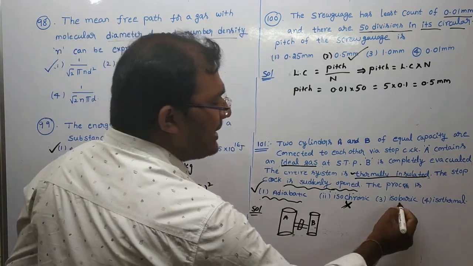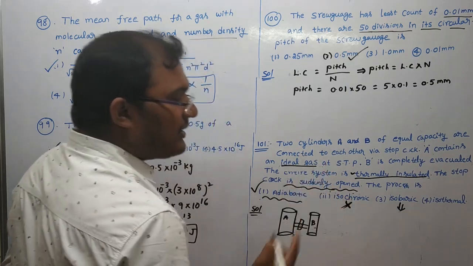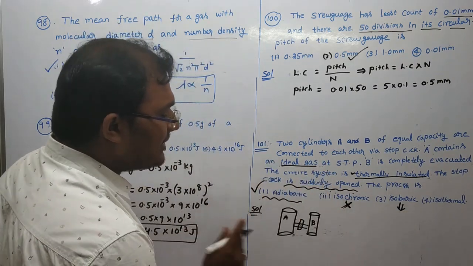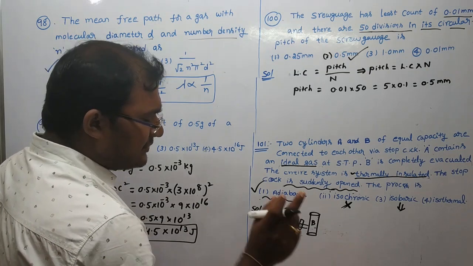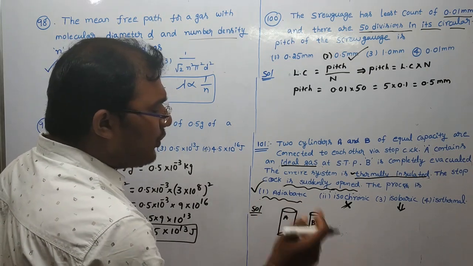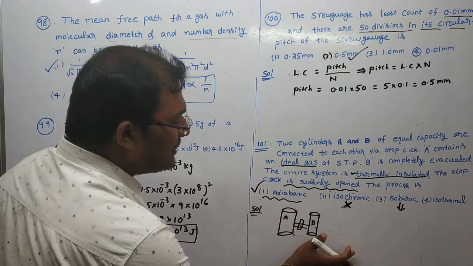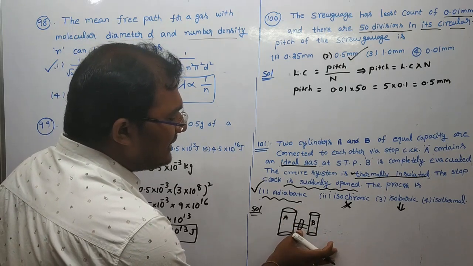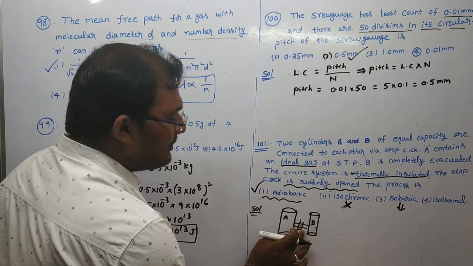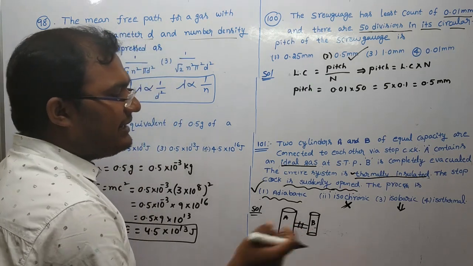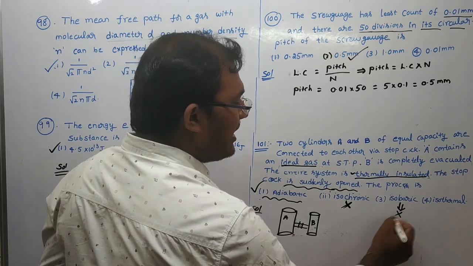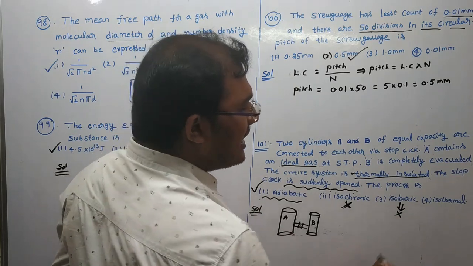Isobaric means pressure will be constant. Initially the pressure of the ideal gas in A is more, and when we open the rubber cork, the pressure will decrease. Here pressure of the ideal gas decreases, so it is not an isobaric process.